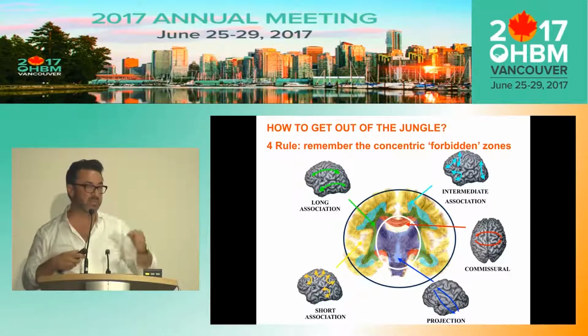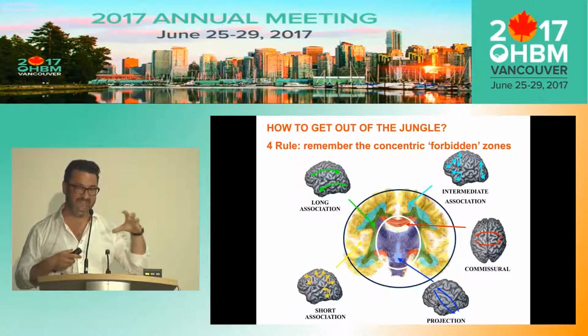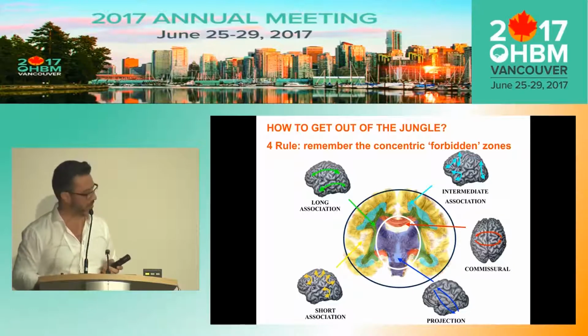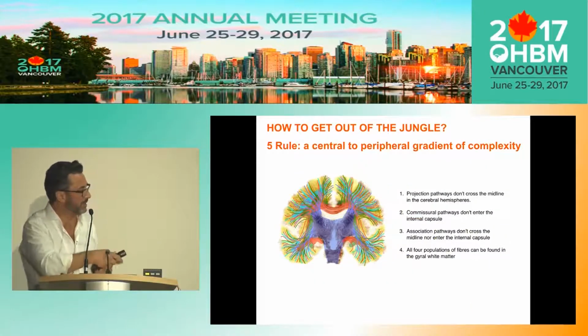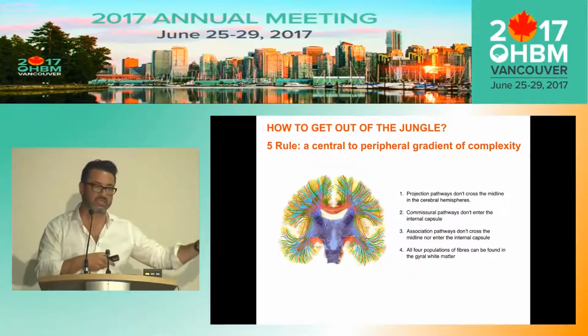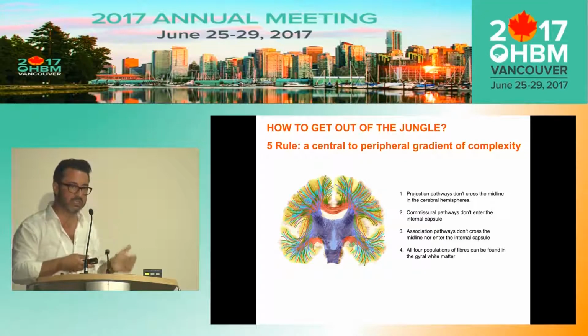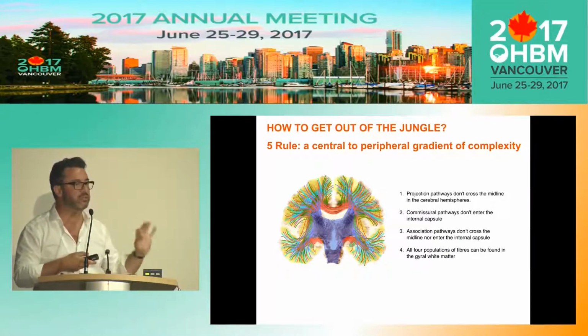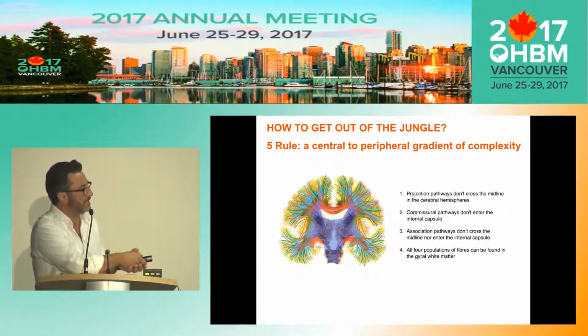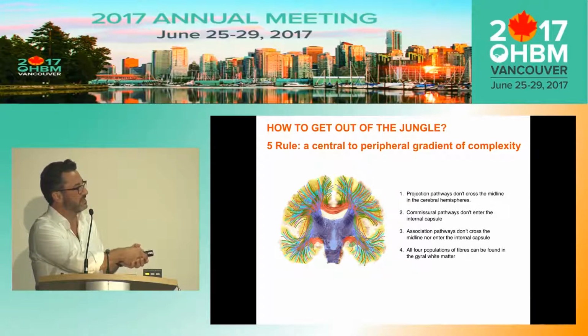And this is a three-dimensional aspect that clinicians for a long time have forgotten about. Now, the other thing, and that is getting a bit more complicated, because I don't want to leave you with the idea that you only have association syndromes when you have damage to these areas.